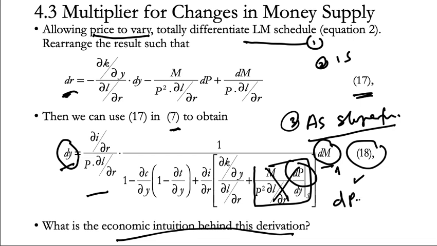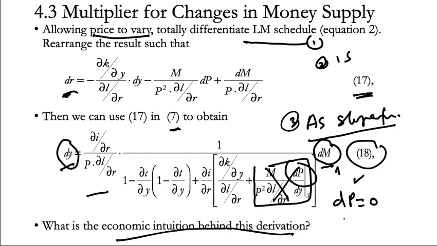Because dP is 0 when the price is fixed. That means the multiplier for changes in money supply when the price is fixed must be bigger than the multiplier for changes in money supply when the price is allowed to vary.